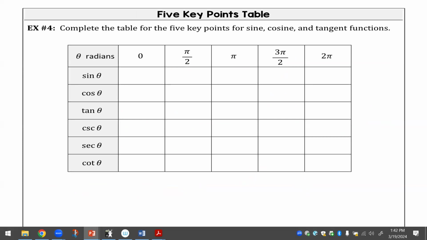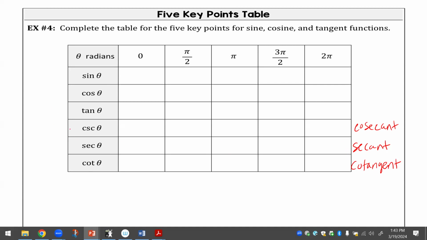All right. Now, lo and behold, sine, cosine, and tangent have some step siblings. They're called cosecant, secant, and cotangent.